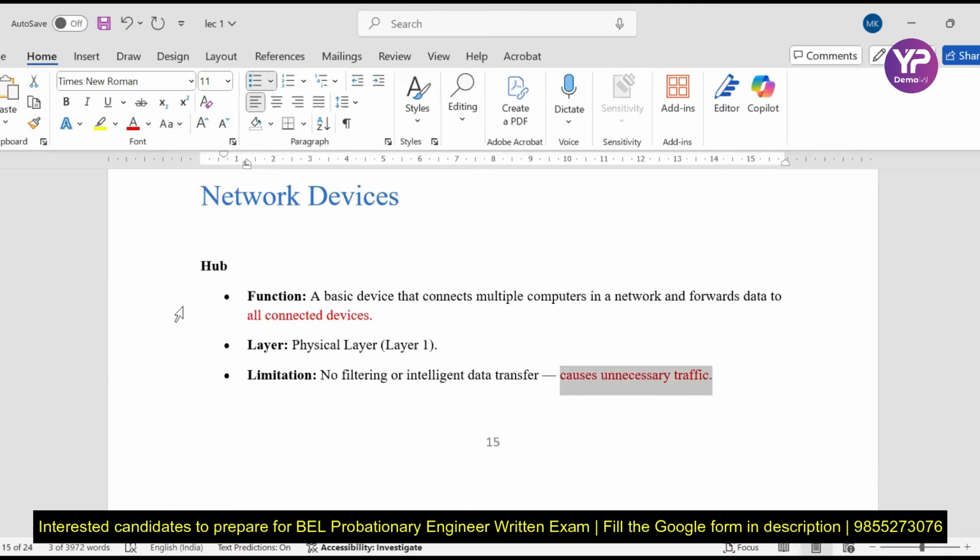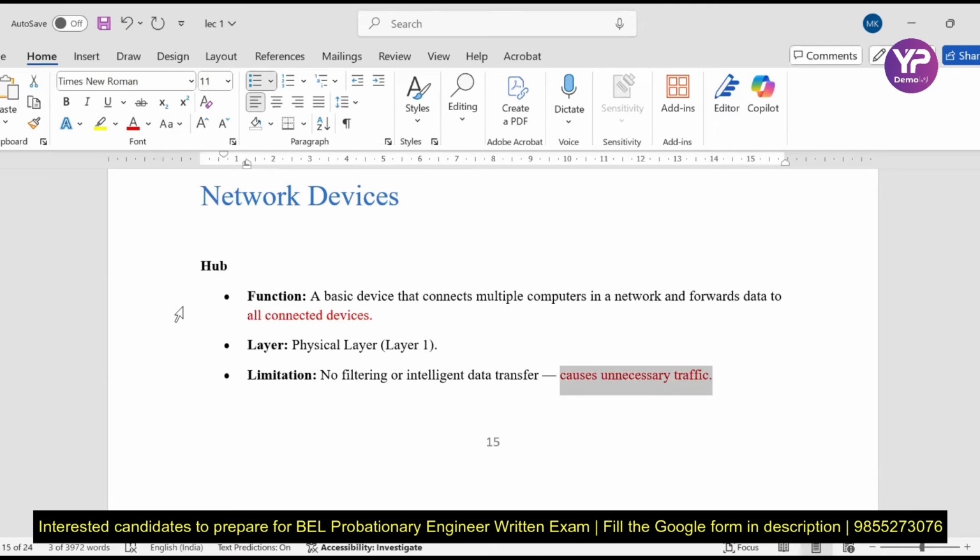So let's talk about some questions. Which of the following devices is responsible for connecting a computer to a wired or wireless network? Any NIC. NIC, very good.